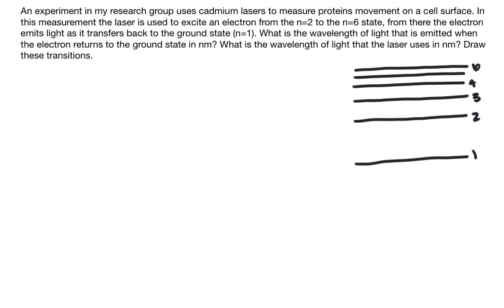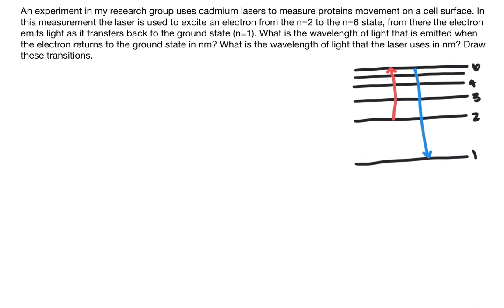We know that our electron goes from the n equals 2 to the n equals 6, and then it's going to come back down from 6 to 1. I'm going to give you the answer for both, but I'm not going to calculate both of these step by step.